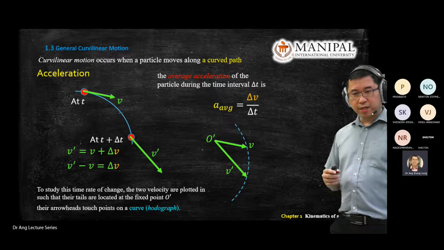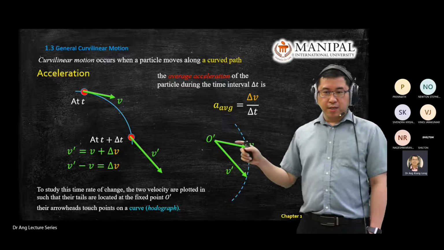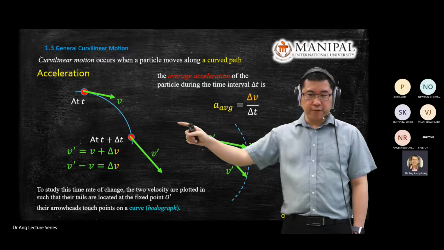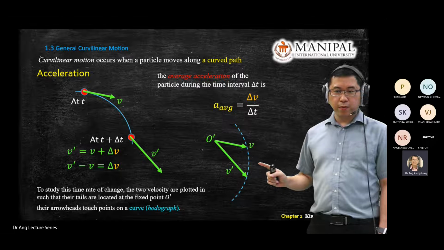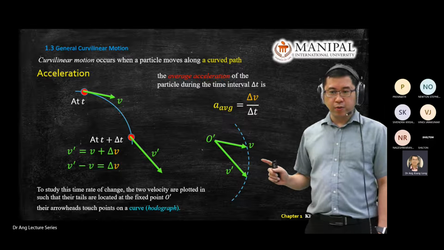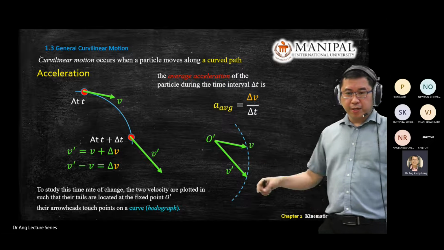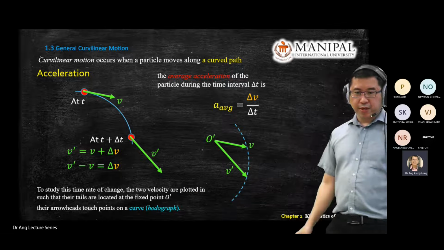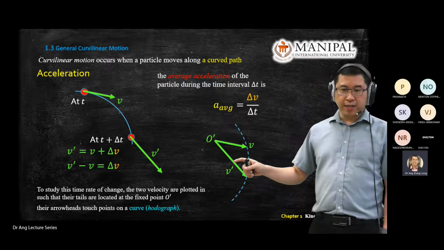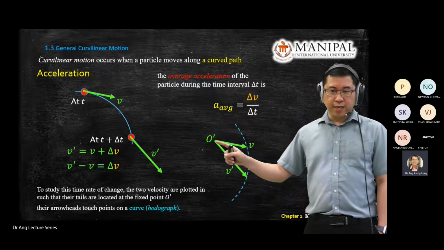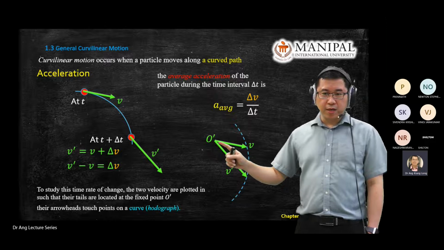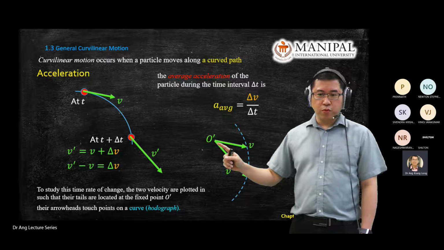Yeah, today you learn a few more things, where we learn how to export the vector onto a new dimension or new sheet of paper. You learn a new word called hodograph. Hodograph is for vector analysis that start with the origin prime or a new origin.